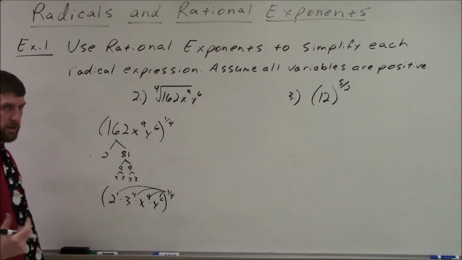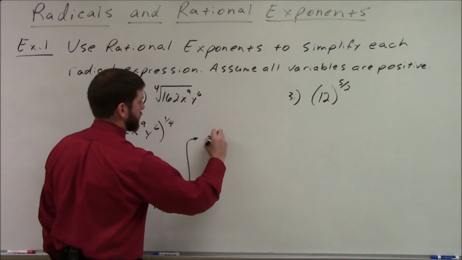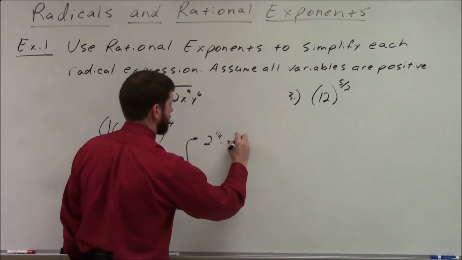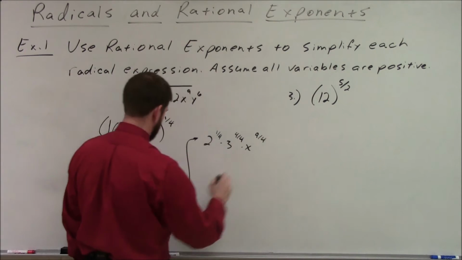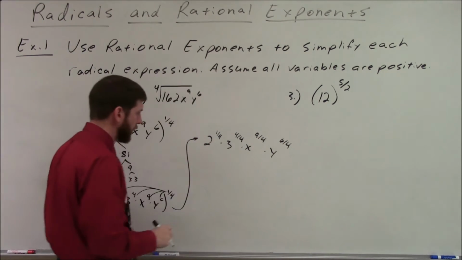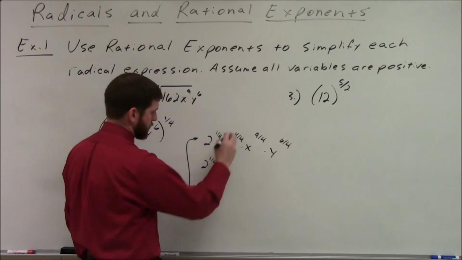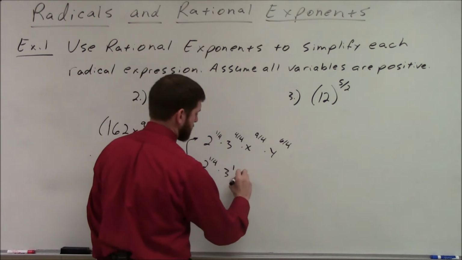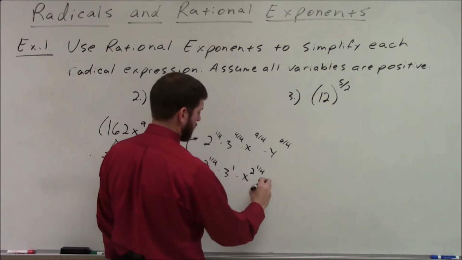Power of a product, we get to distribute that exponent. So that's going to give us 2 to the 1/4, 3 to the 4/4, x to the 9/4, and y to the 6/4. Go through and reduce each of our exponents. 2 to the 1/4 is as simple as it'll go. 3 to the 4/4 is 1. X to the 9/4 is x to the 2 and 1/4.